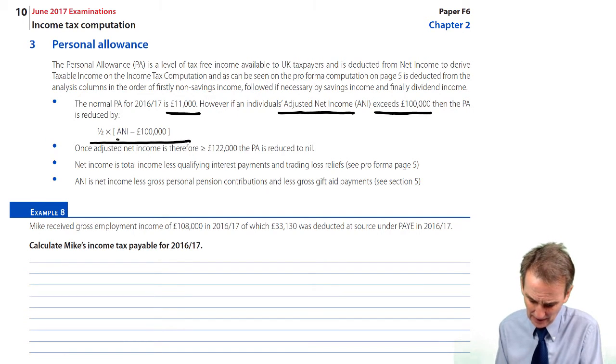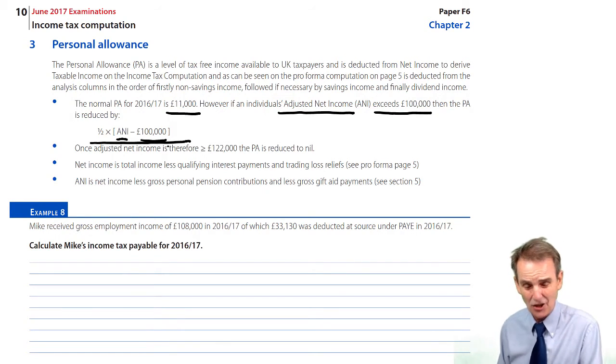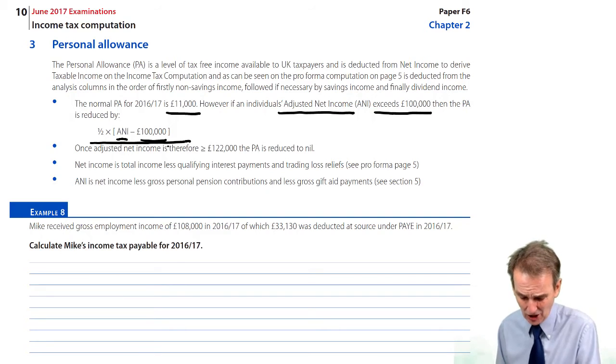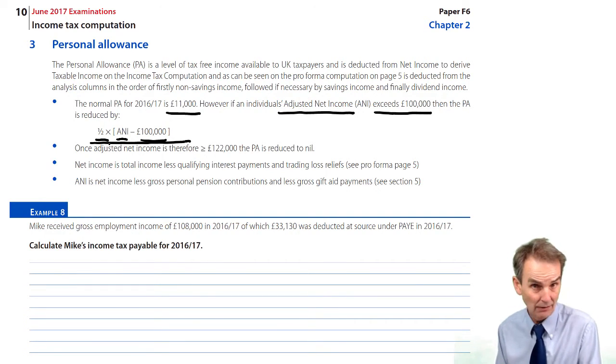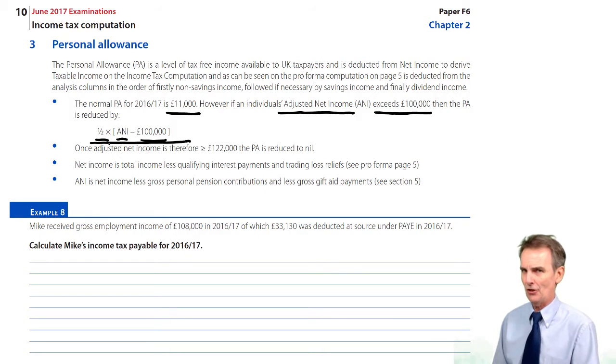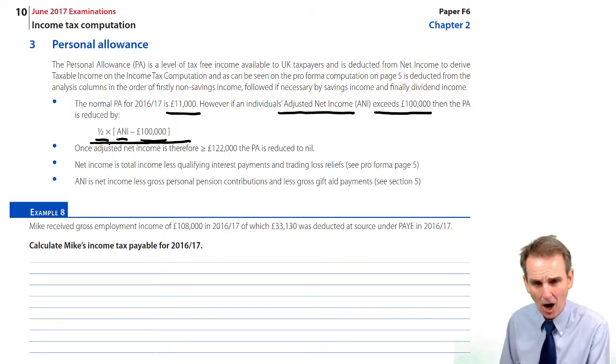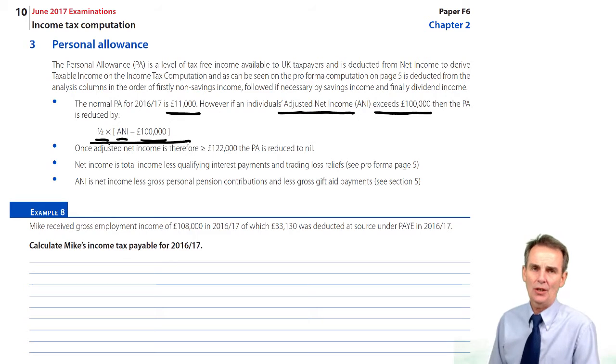We take in brackets the adjusted net income minus £100,000. So to the extent that adjusted net income exceeds 100,000, we will then take half of that, 50% if you prefer percentages to fractions. We take half of that excess and reduce the personal allowance.